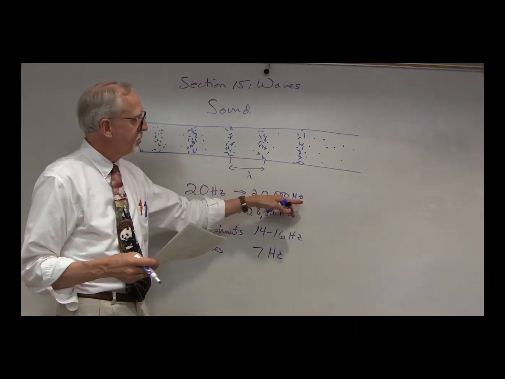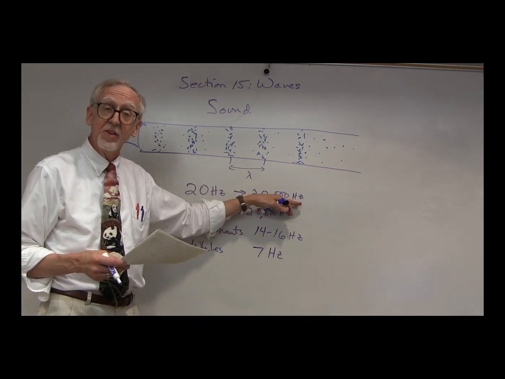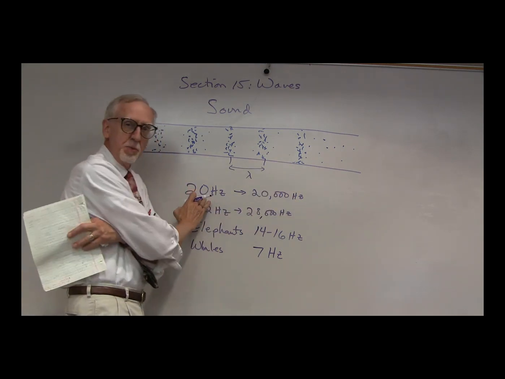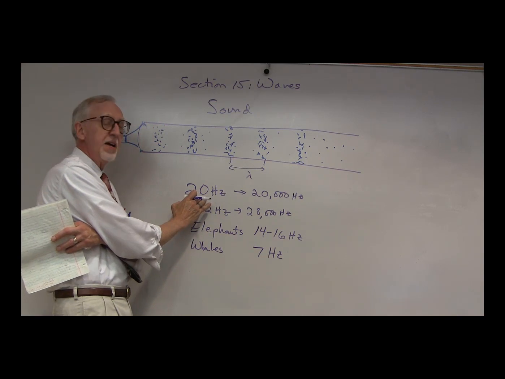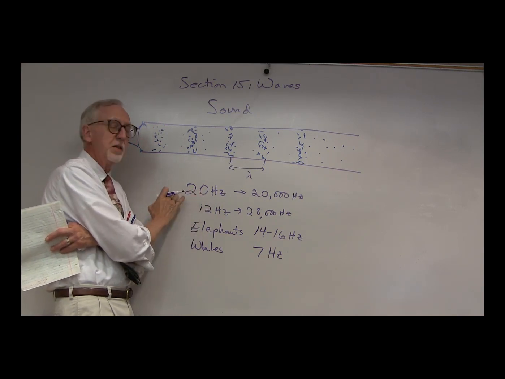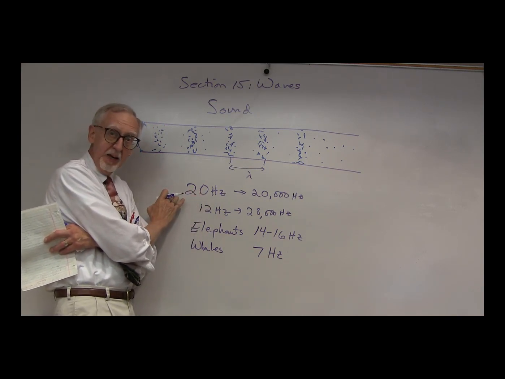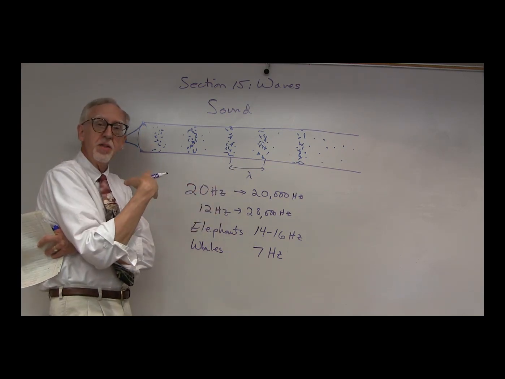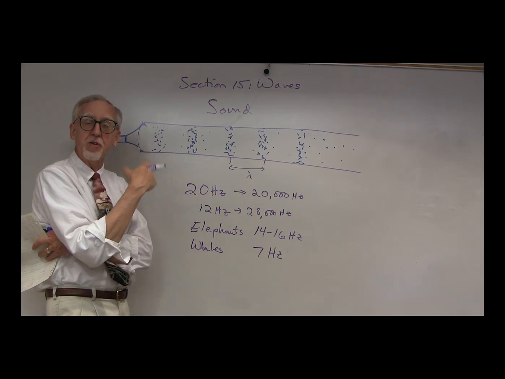And there are also sound waves at frequencies higher than 20,000. Sorry, let me mention one thing. Just like in the visible spectrum, the lowest frequencies that we can see are red light, and lower than that are infrared.